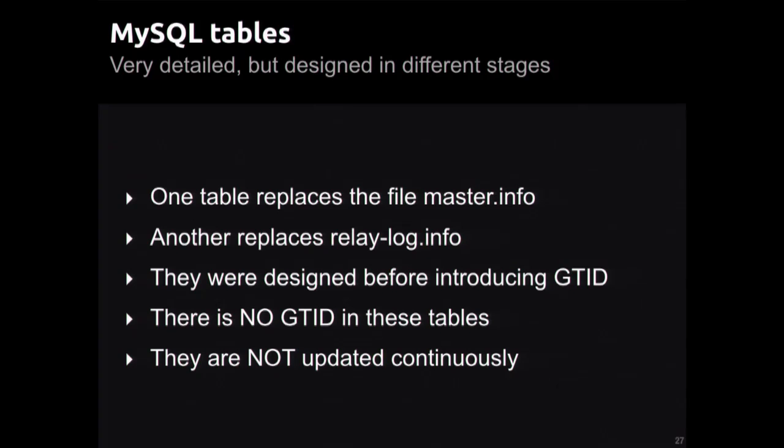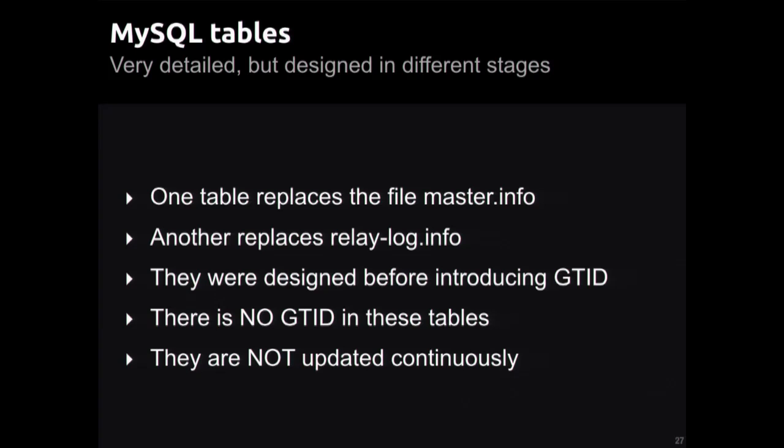MySQL tables, we have seen one before. There is one table that replaces the table master info and another that replaces the relay log info. These tables are very important if you want your replication to be crash safe.